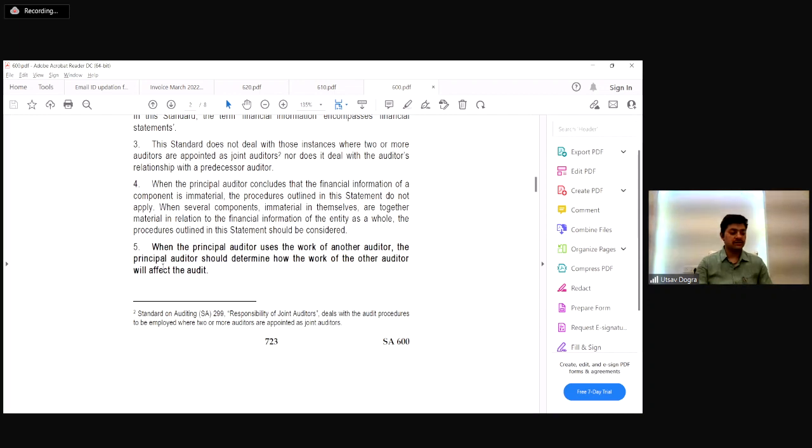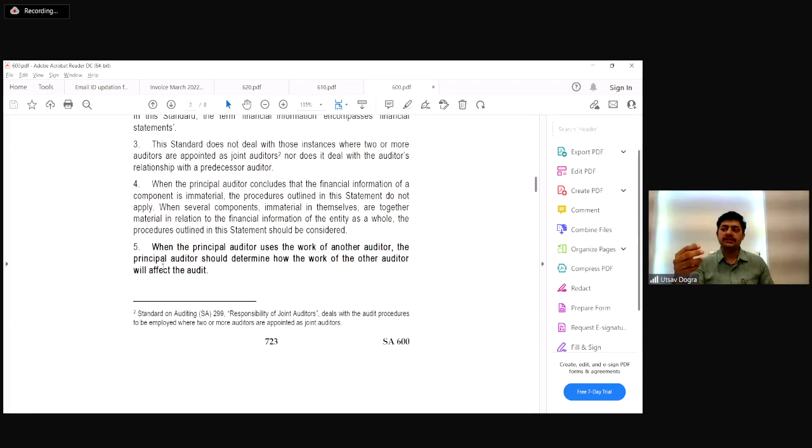However, when several components which are immaterial come together and make up the financial information of the entity as a whole, the procedure outlined in the statement should be considered. Like, let's say for a smaller branch, a particular amount of fee that has been given to a consultant is very immaterial, and the invoices are not available. I'm taking a practical example, and the auditor of that particular component has pointed it out separately.